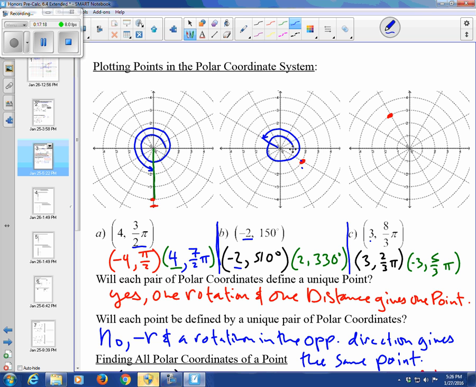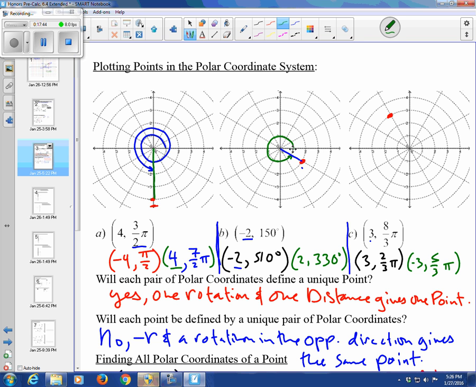And with a -2, we would then go backwards to define that point. So that rotation and that distance r of -2 at 510 degrees will take us to the same point. If we had an r value of 2 and a rotation of 330, that would be all but 30 degrees of a full rotation. And then a distance of 2 in that direction also takes us to that same point.